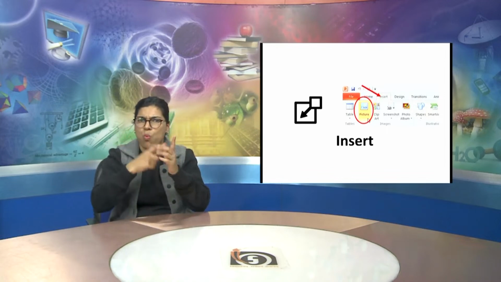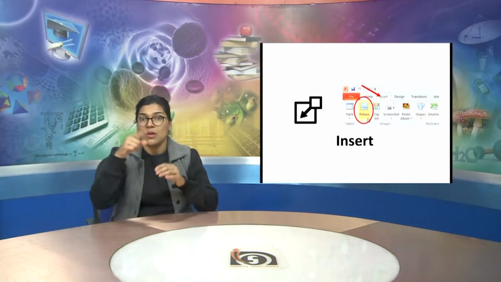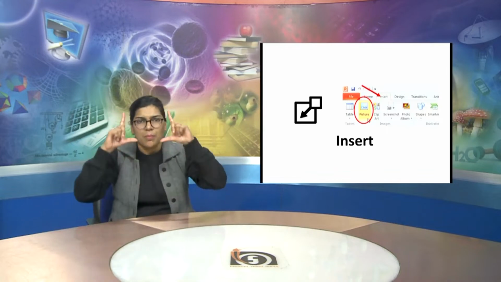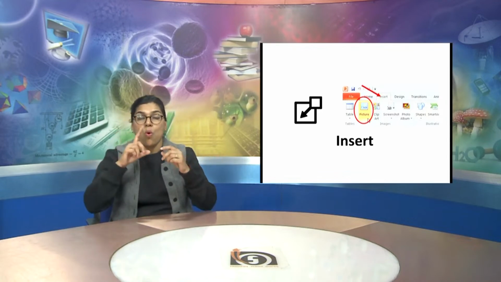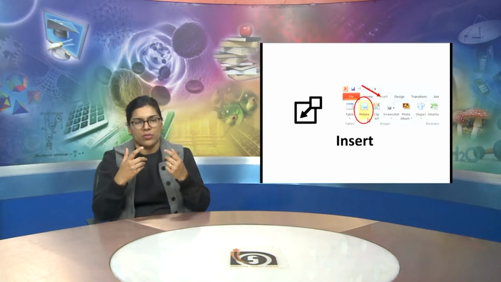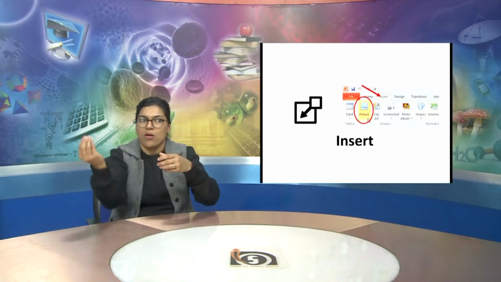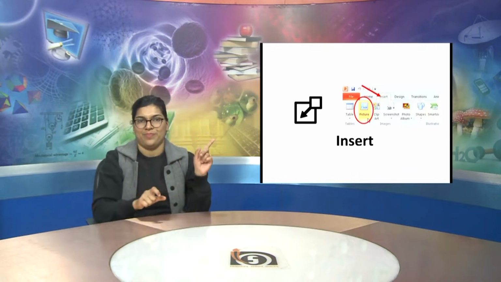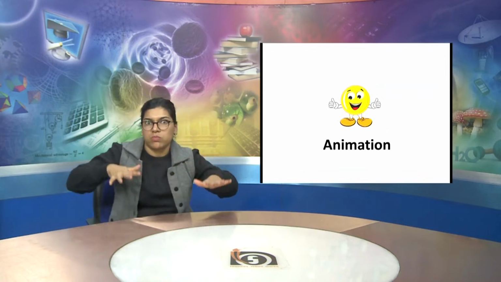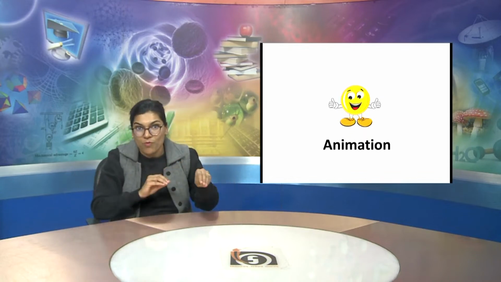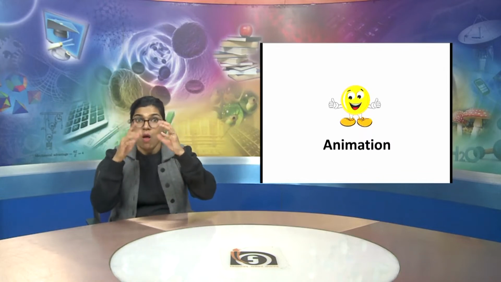Insert. This insert option is in many software like MS Word, MS Excel. We can insert any image, any chart, or any original photo. Also, we can insert the boundaries. Animation. Animation is something which is a moving image.